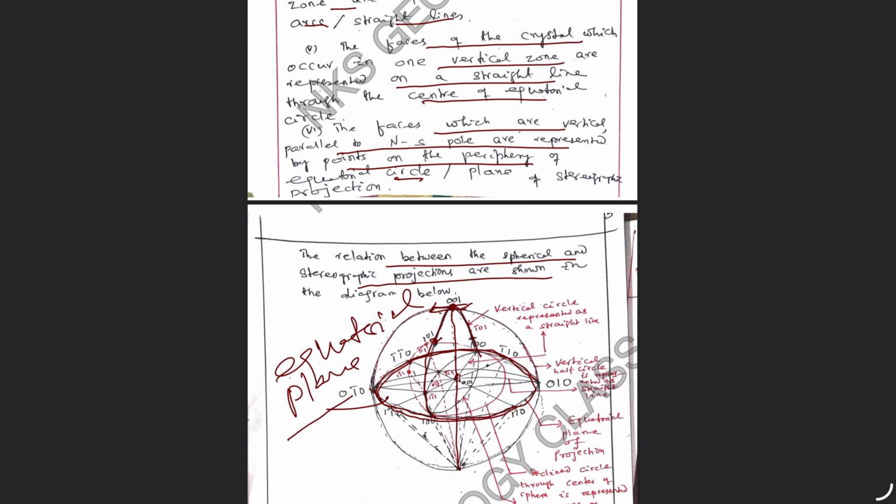Similarly, all the faces which come over this vertical circle are transferred to this line. So all the vertical circles passing through the center of the sphere are represented by straight lines. All the faces which occur in one vertical zone, when their poles are joined to the south pole, occur in one straight line.